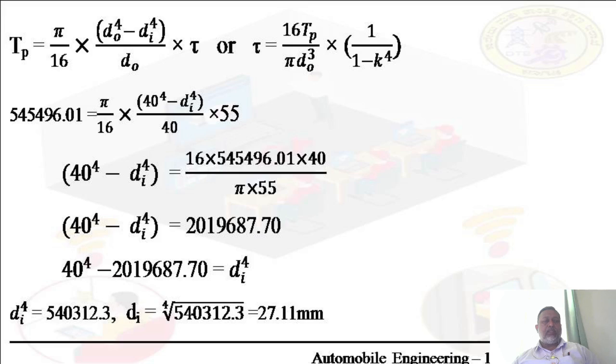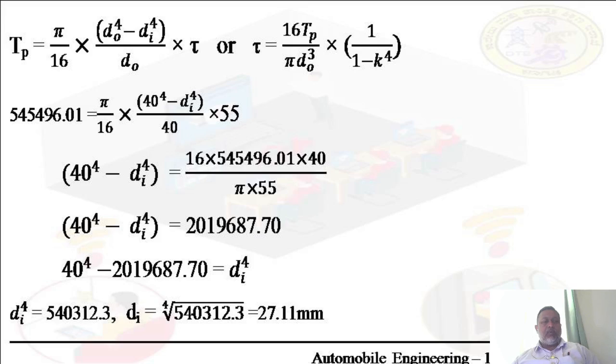That's why we have taken di and d naught form that will be changed into this manner. That is pi by 16 into d naught 4 minus di 4 by d naught into tau. While substituting all the values, we will come across di is unknown, which can be calculated in this fashion.